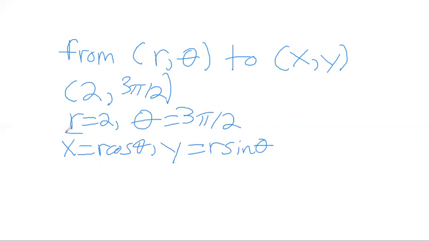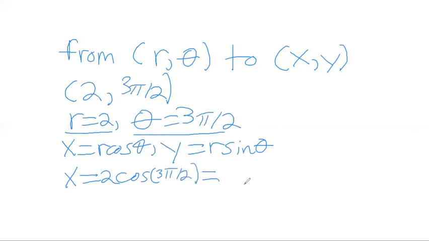I know my r and I know my theta, so this is very straightforward. X is going to equal 2 cosine of 3 pi over 2. Cosine of 3 pi over 2 is 0, so 2 times 0 equals 0. Therefore, x equals 0.